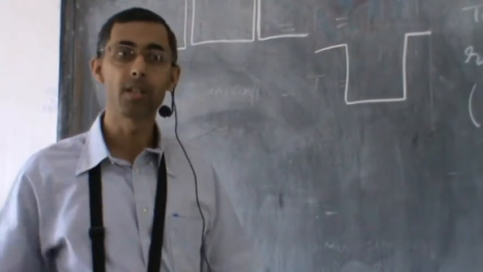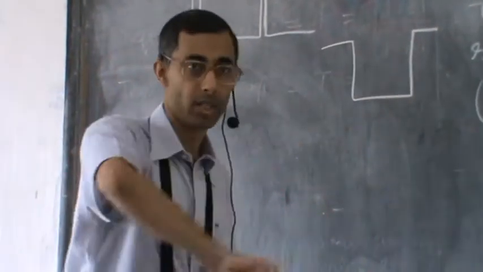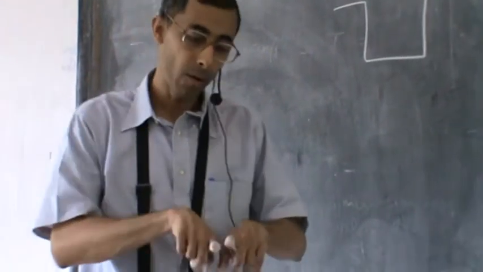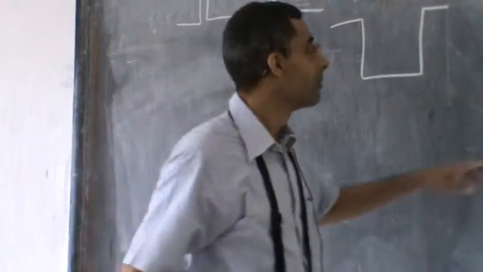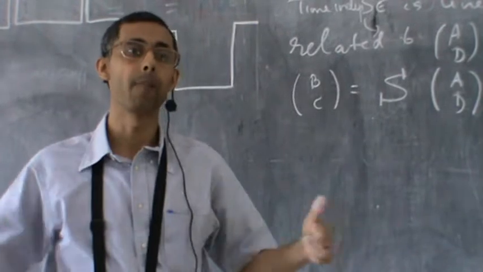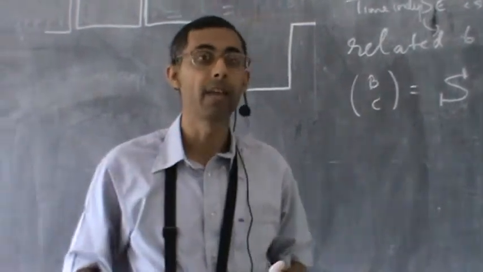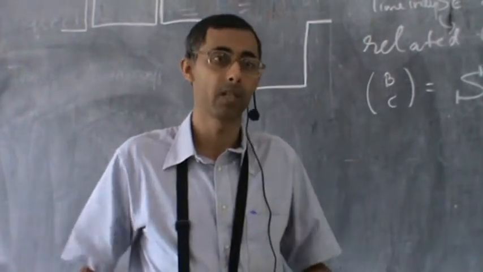If you are in two dimensions, you can have incoming waves from all angular directions. You'll have A1, A2, A3, A4, A5. Then, in place of A and D, you'll have an infinite column vector of incoming amplitudes parametrized by the angle, and similarly scattered amplitudes parametrized by angle.